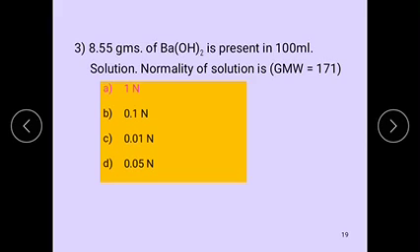Here normality is equal to W by GEW into 1000 by V. Here GEW of the barium hydroxide is 171 by 2, that is 85.5. When we take this value, 8.55 divided by 85.5 into 1000 by 100, on simplification we get 1 normality.